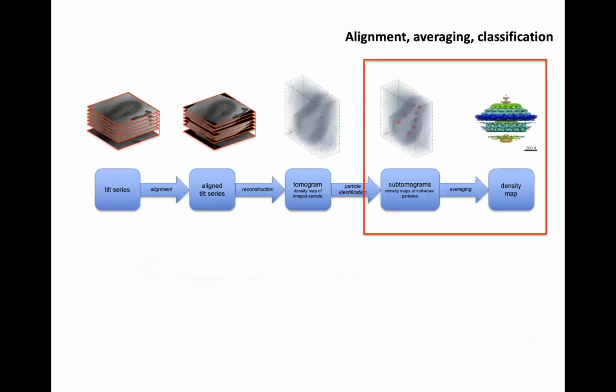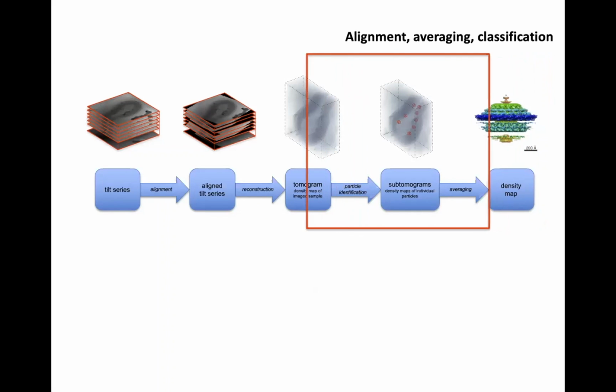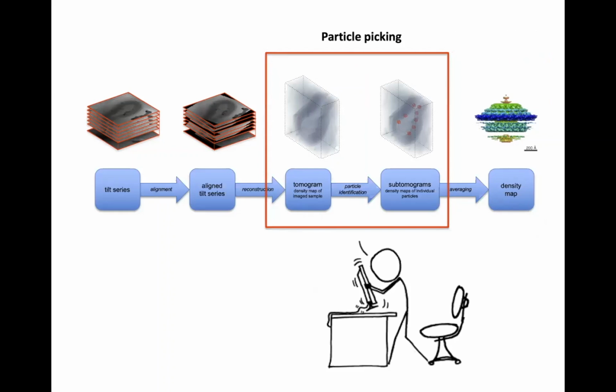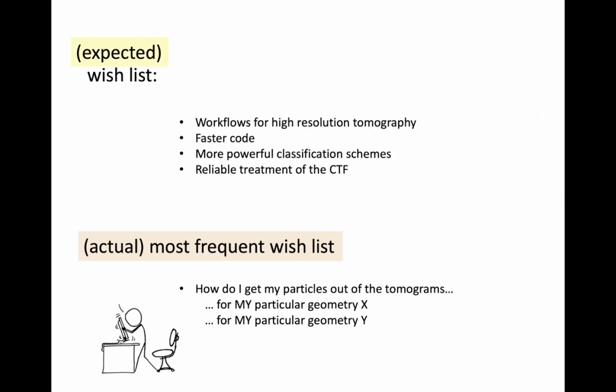In reality, what we almost systematically see in our feedback forms is that what people really want, and the moment in which people suffer the most, is here in the particle picking stage of the procedure. This is what we always see for two reasons.